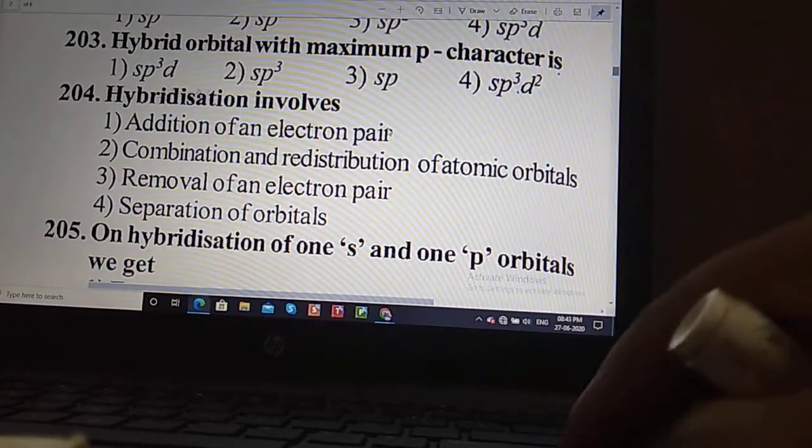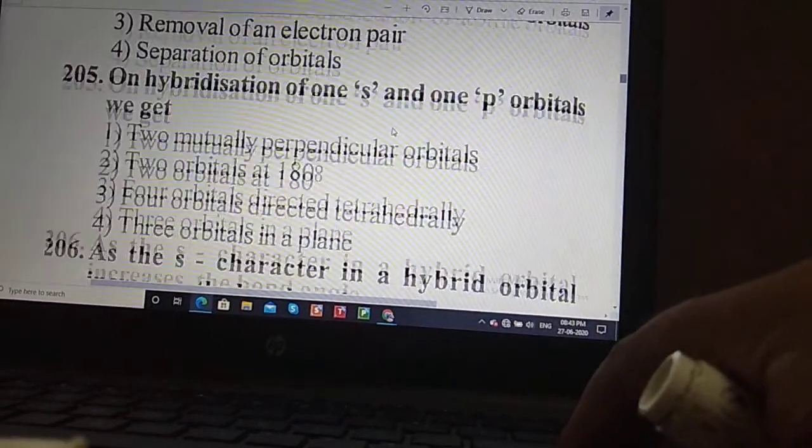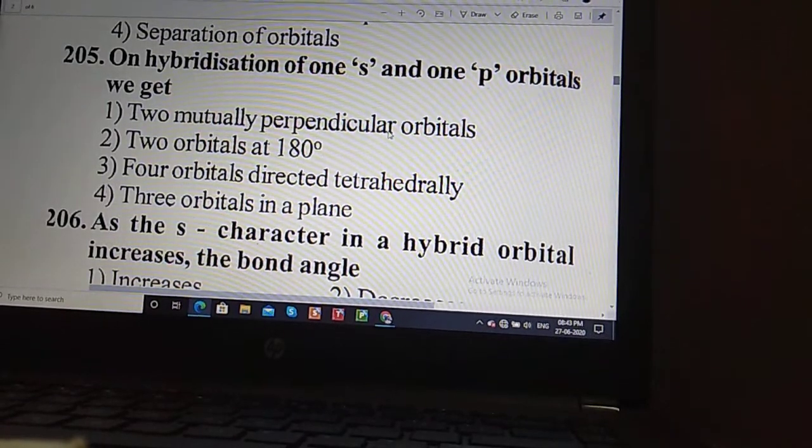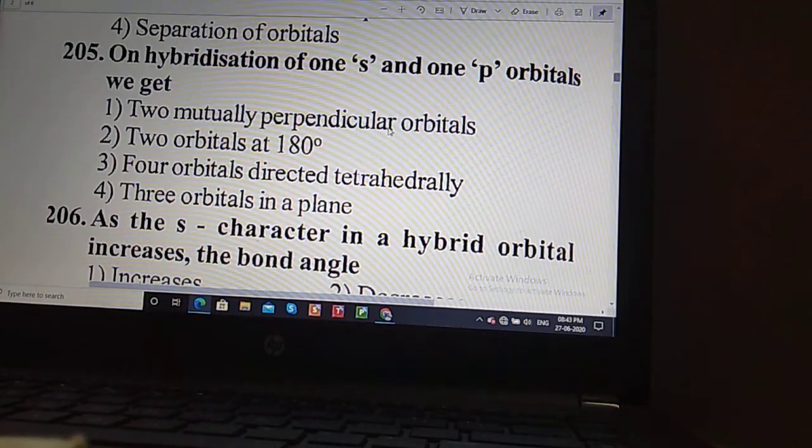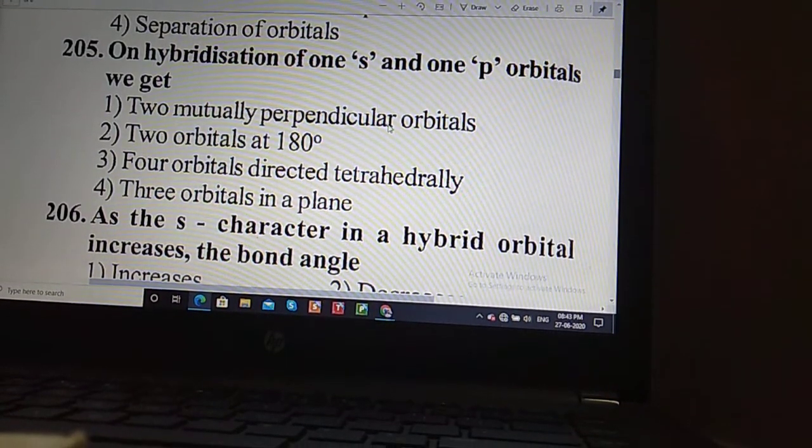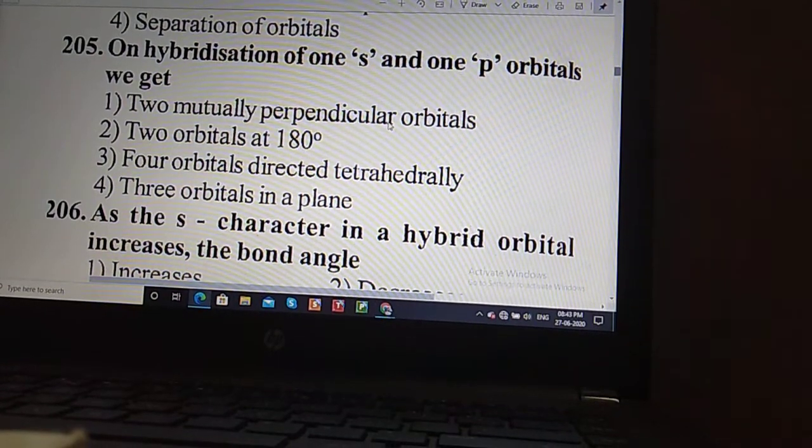Now let us move to question number 205. When you are moving, student, the hybridization of s and p orbital we get. Let us come to the board, student, for better understanding. Here is the board. They are saying hybridization of s and p orbital.